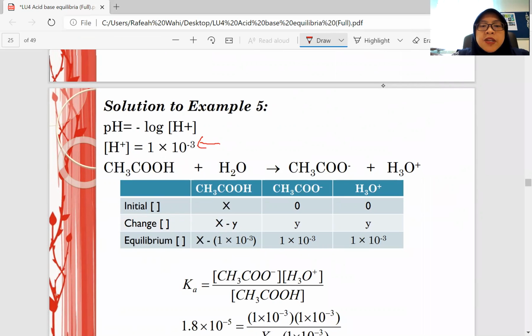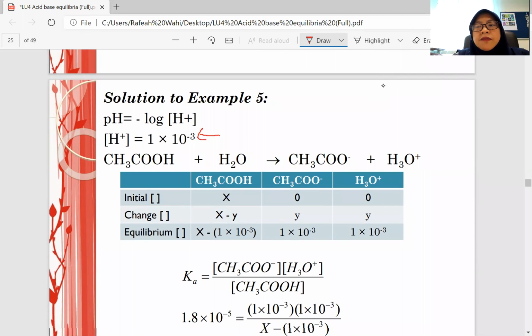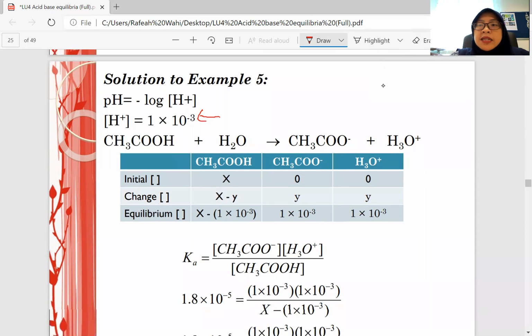Again, we go to the ICE table to answer the question. Remember, for any acid-base equilibria problems, you have to use the ICE table to solve the problem. Okay, it's the easiest method for you to calculate the equilibrium concentration or to find whatever the question is asking you, all right?